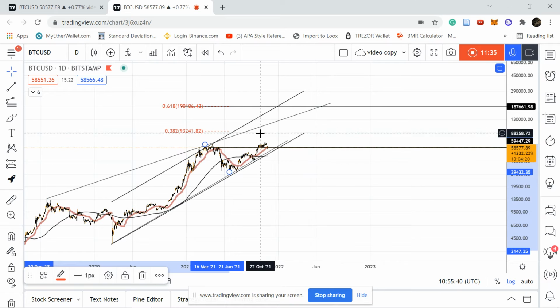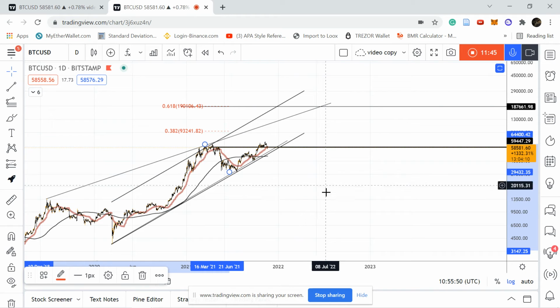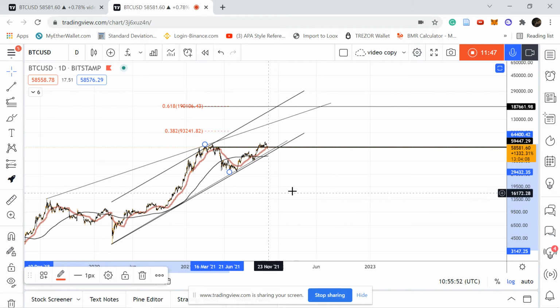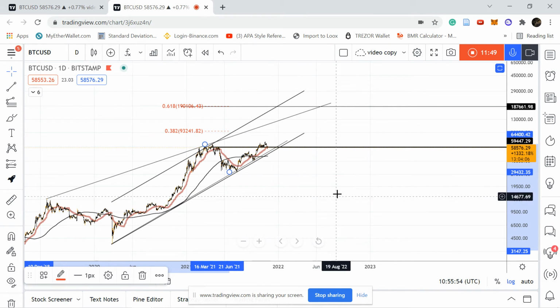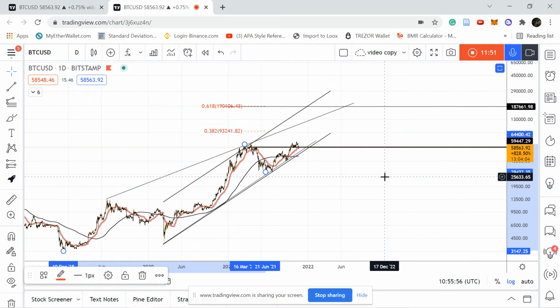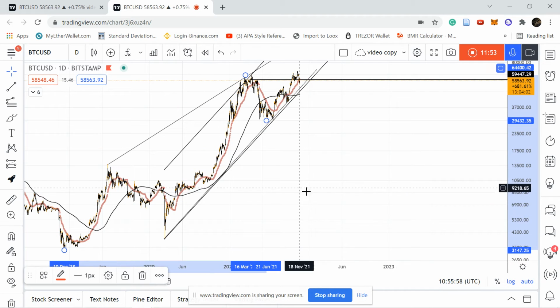I don't think it will push it through to June. I think there will be an exhaustion move here. So we go up, we touch the channel, we push very strongly up, and then just fall down like crumbles.